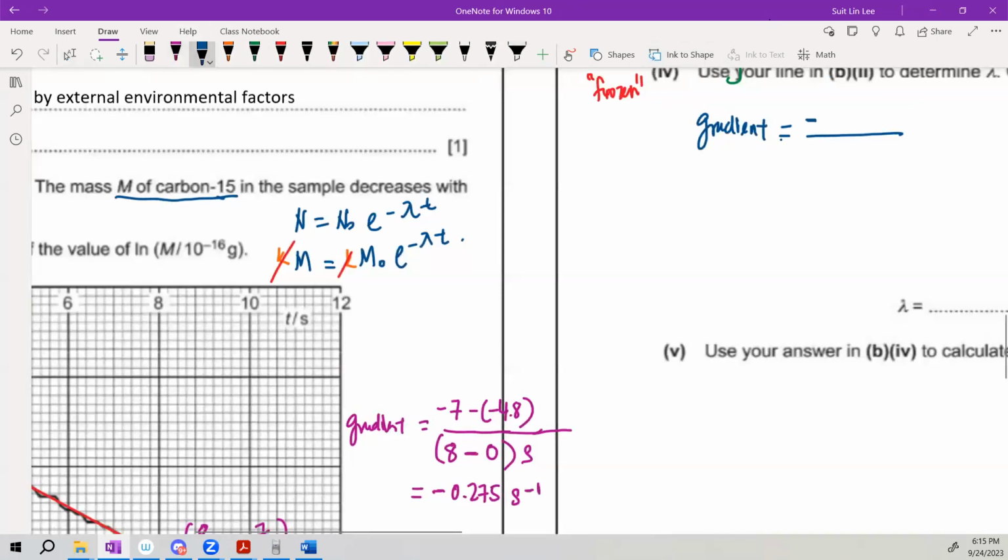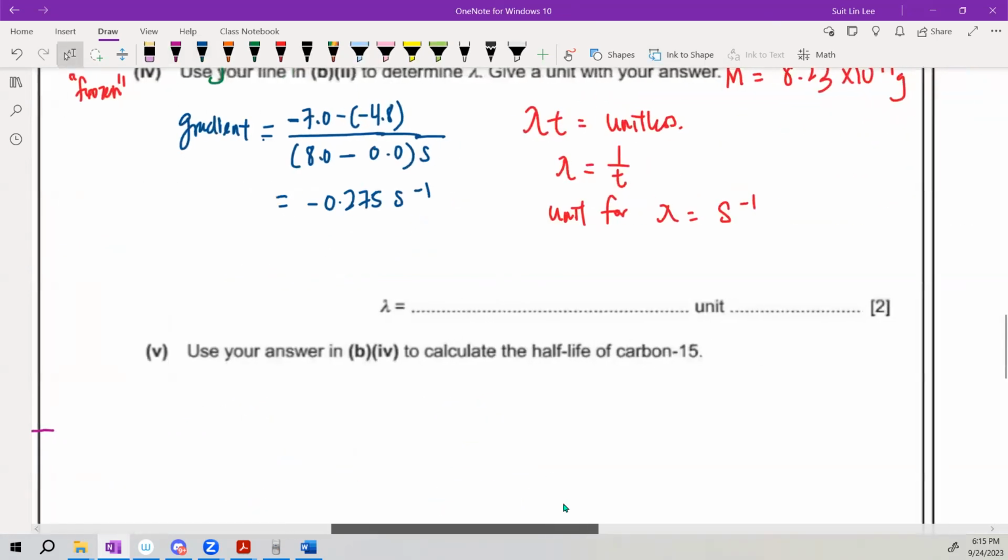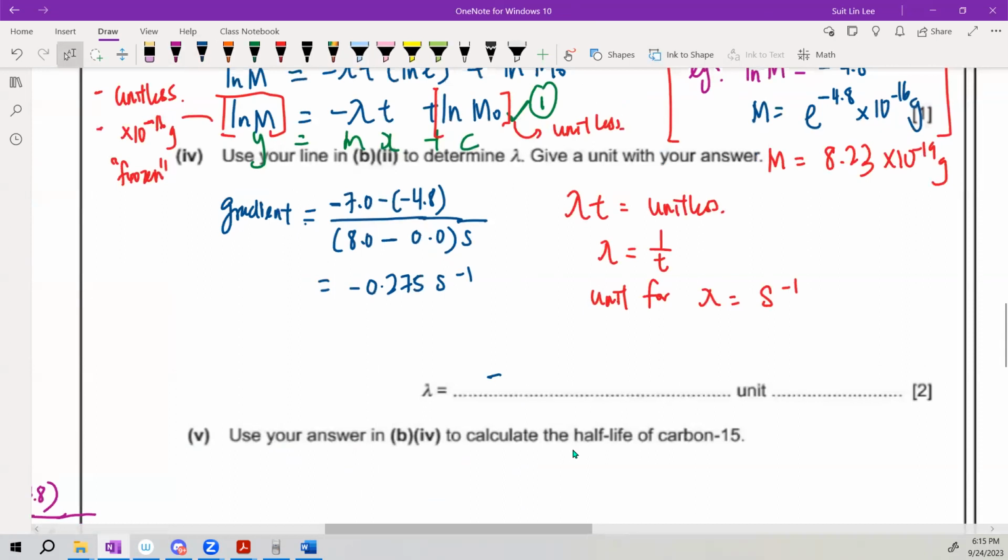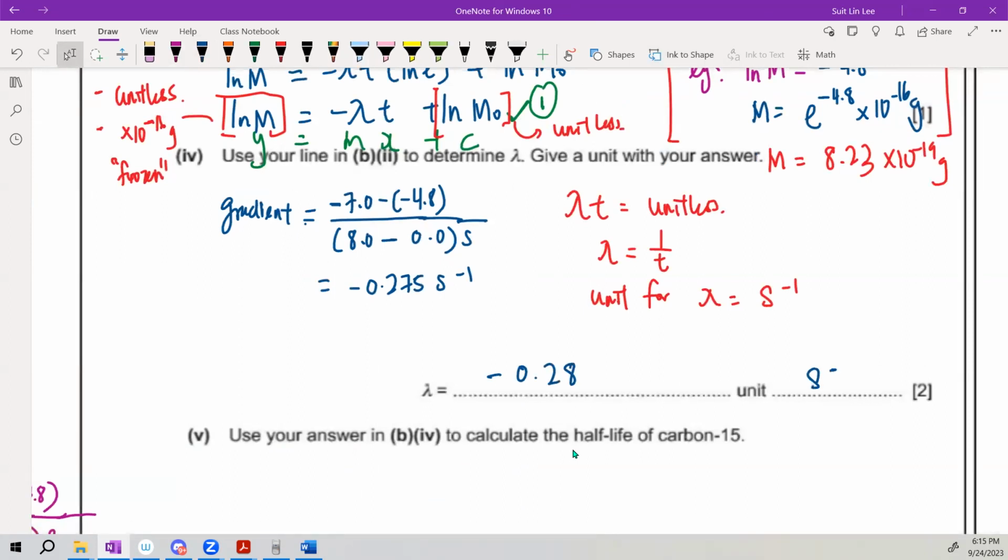This one would be negative 7.0 minus negative 4.8 divided by 8.0 minus 0.0. You can keep your answer to 2SF if you want to, which is what I prefer.